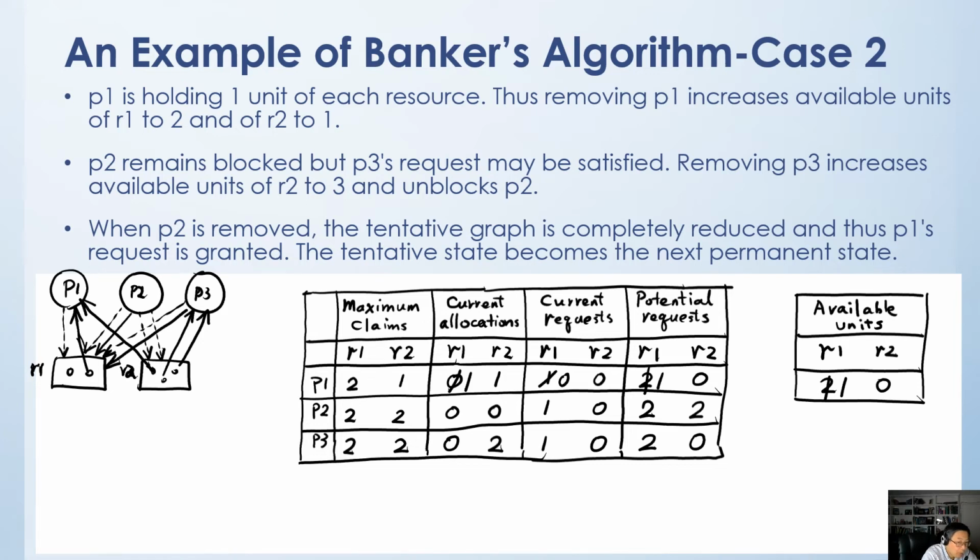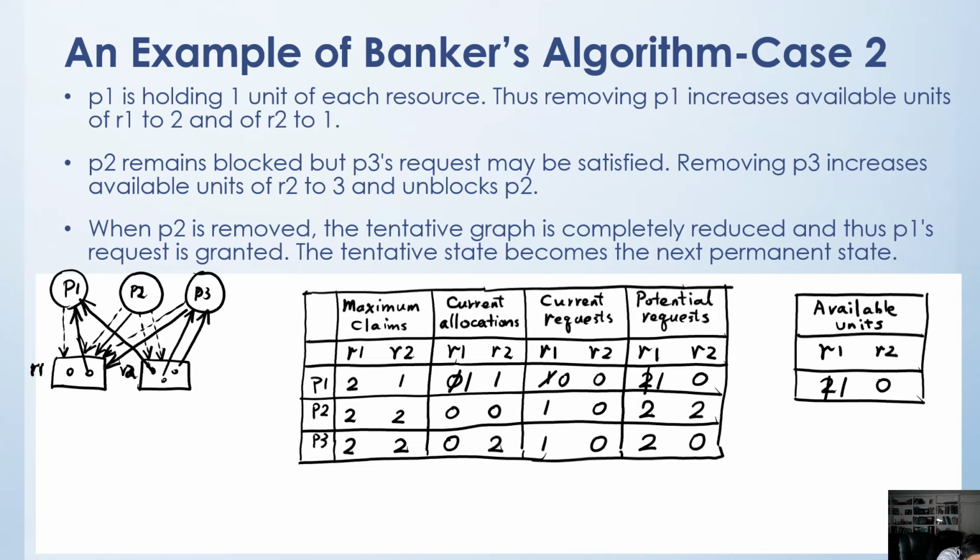Now, with that new state, it's possible that we can actually complete the whole execution of these processes. We know that with that new state, P1 can potentially complete the job, because the potential request for P1 is 1 for R1, 0 for R2, and we have exactly 1 unit for R1 and 0 units for R2.